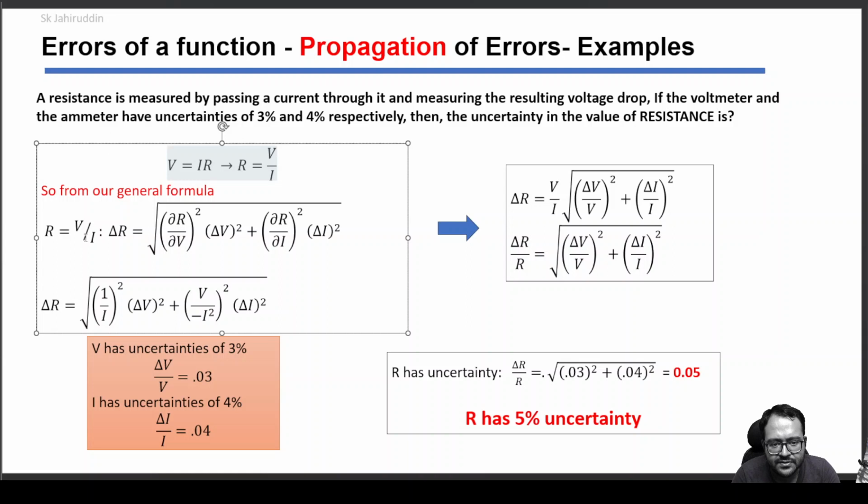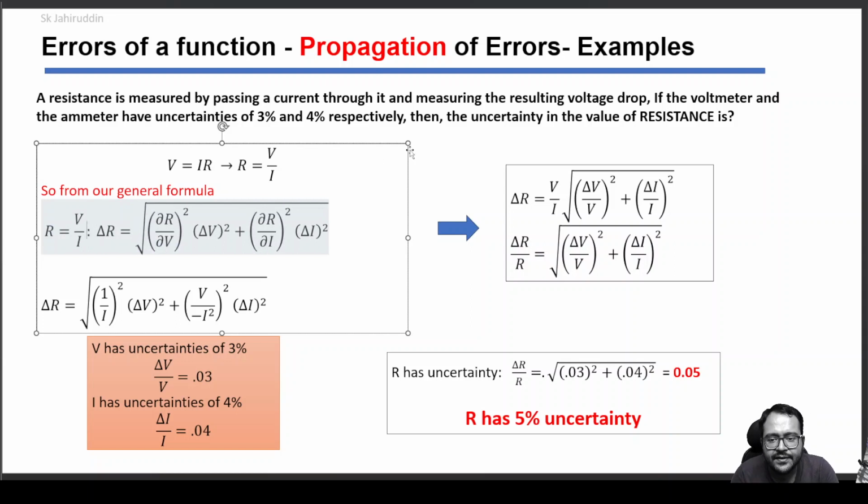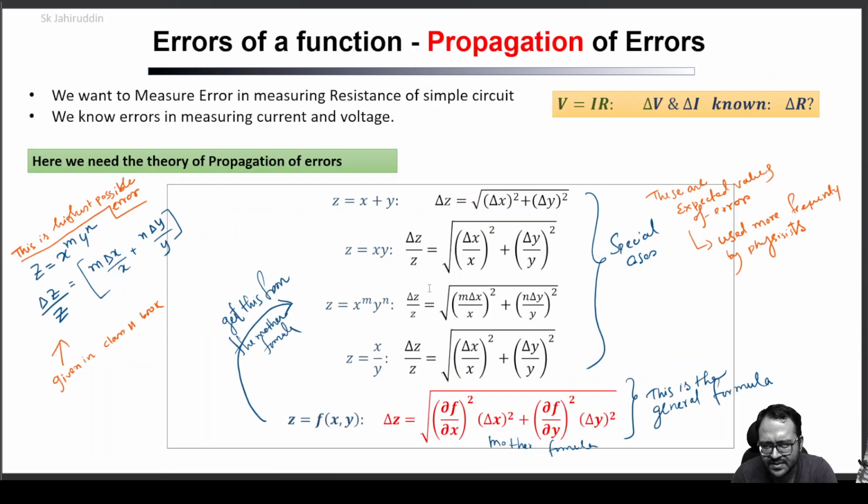From our general formula, if R is V by I, then your delta R would be given by delta R by delta V squared plus delta R by delta I squared. It's simple.